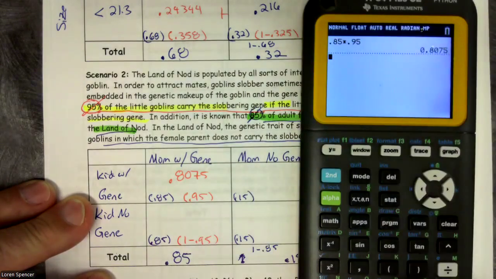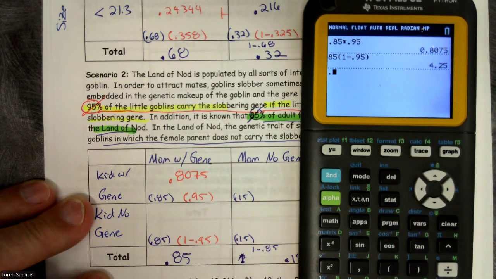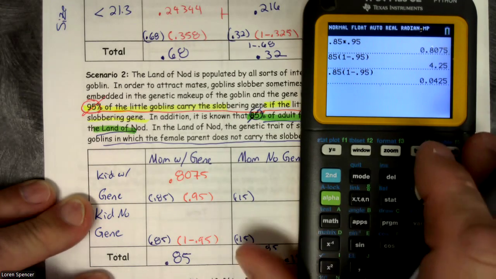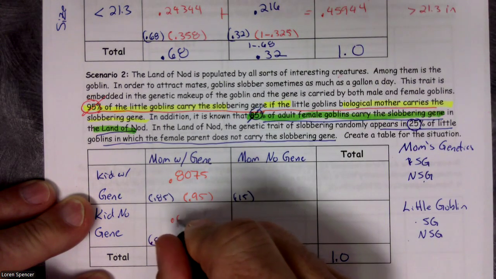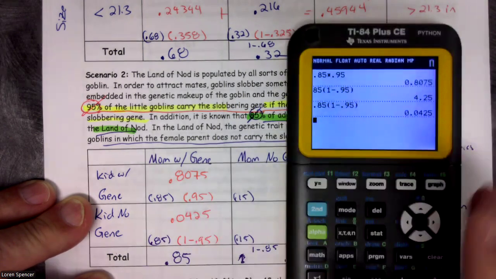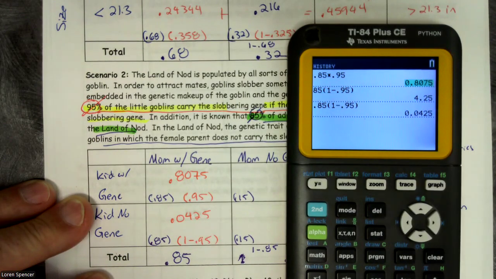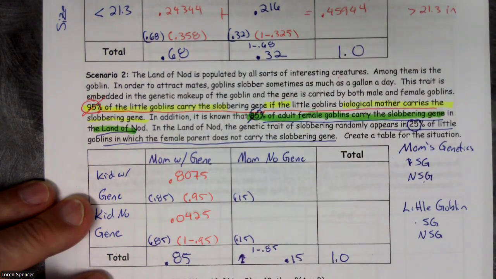And here we have 0.85 parentheses 1 minus 0.95. And we get 0.0425. Let's check our work. Let's add those two numbers together. And it adds up to 0.85, so chances are we did this right.